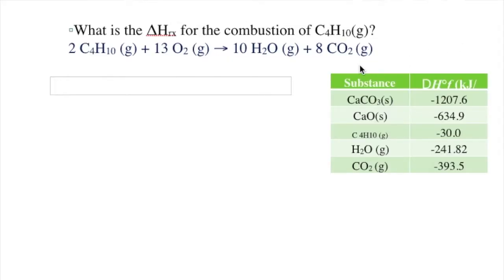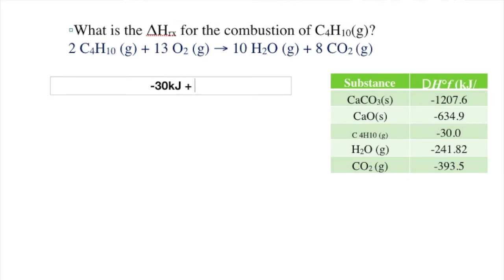So let's see this other problem right here. What is the enthalpy change for the combustion of C4H10? Then we're going to look at our enthalpy table. So we have C4H10, and the heat of formation is going to be negative 30 kilojoules, so I'm going to put it there.